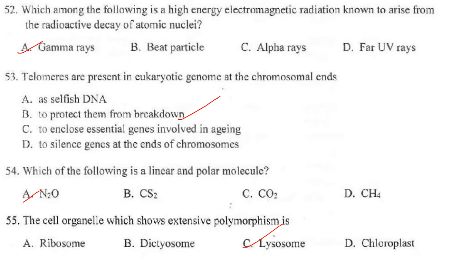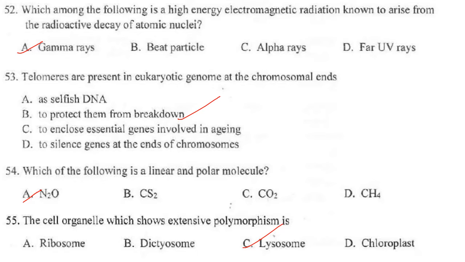Next one. Which among the following is high energy electromagnetic radiation known to arise from the radioactive decay of atomic nuclei? So it is gamma rays. Answer is option A. Then telomeres are present in eukaryotic genome at the chromosomal ends. So it is to protect them from breakdown.